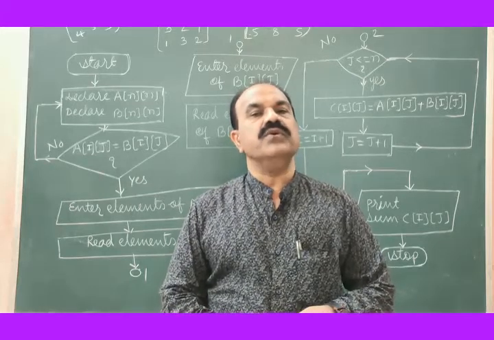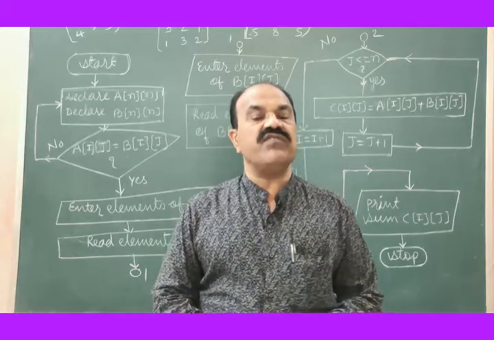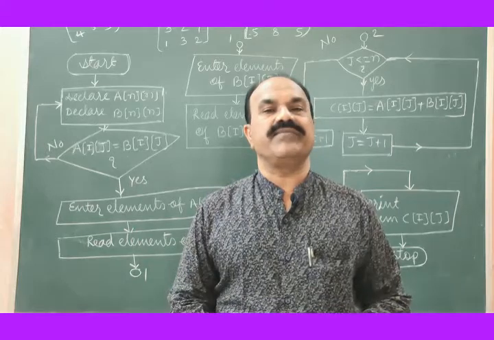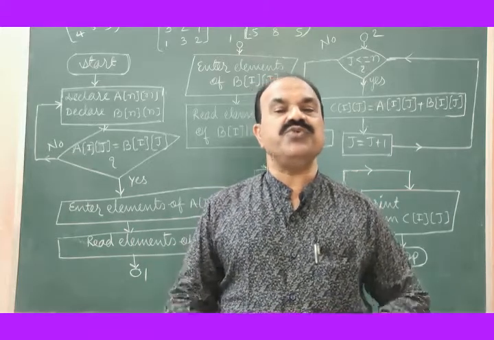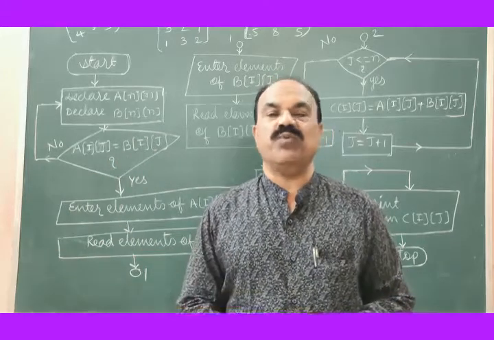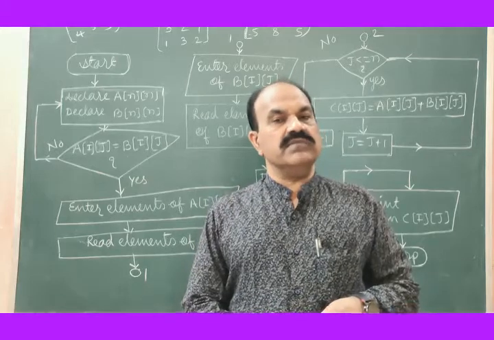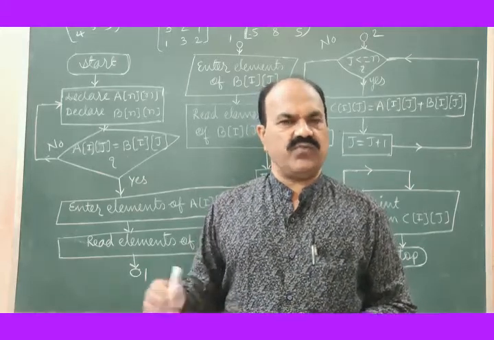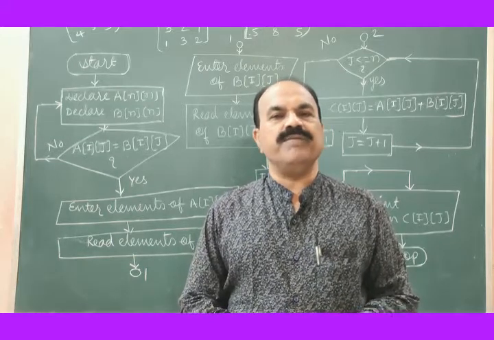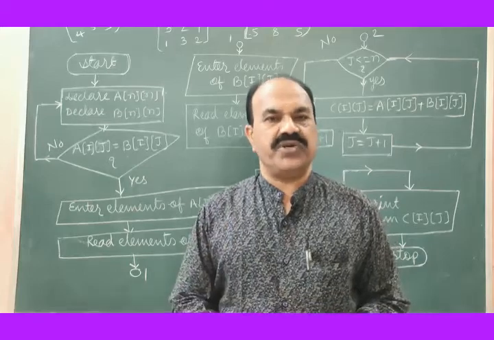Once we succeed in writing an algorithm and flowchart for any given problem, it is very easy to write the program for that task. Here we complete the first unit, algorithm and flowchart. We have taken many examples for this, and in the next lecture we shall start the second unit. Thank you.